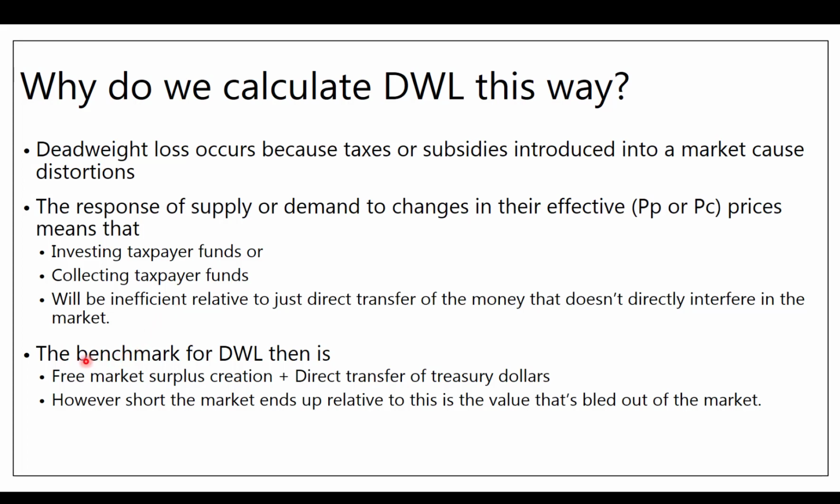Okay, and so we end up with this benchmark of deadweight loss being the free market surplus that already exists when you don't have policy, plus the direct transfer of treasury dollars. Anything short of this in a subsidy situation is money that's being bled out of the market.